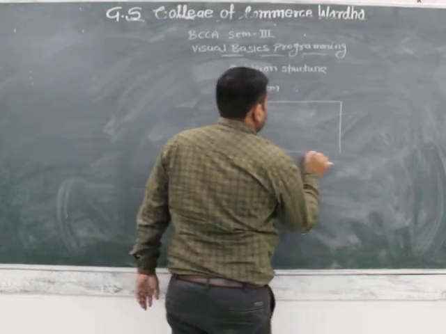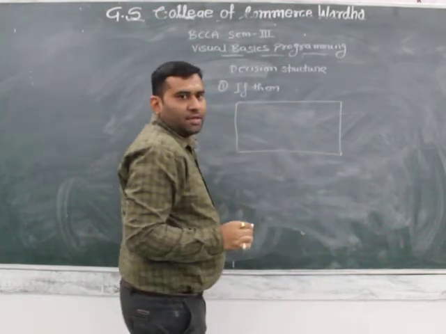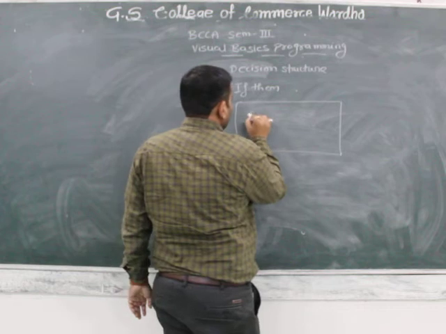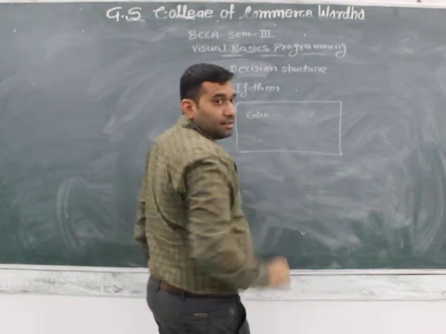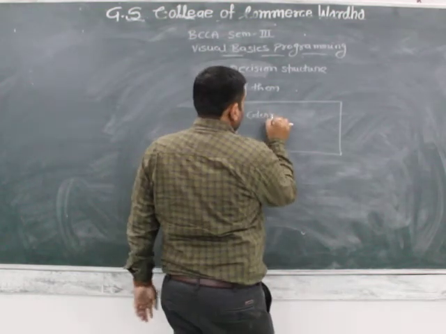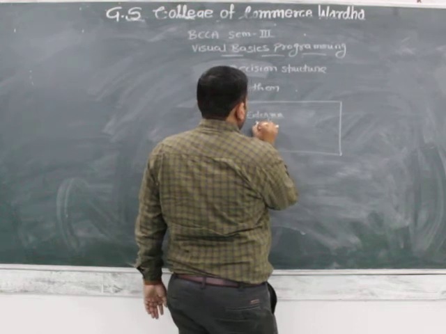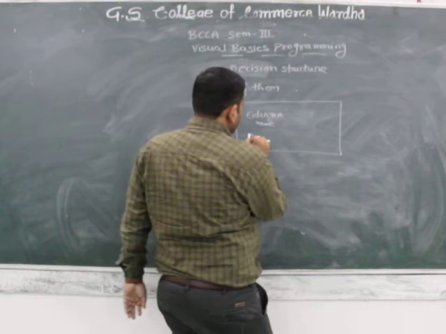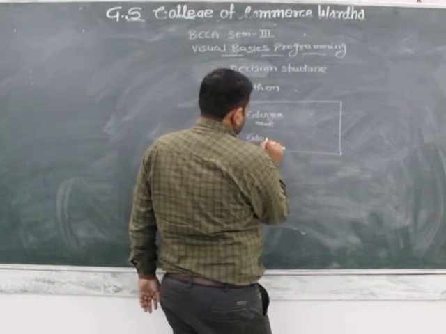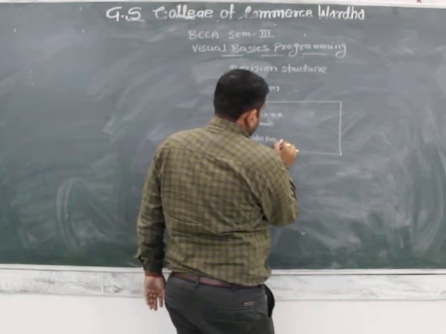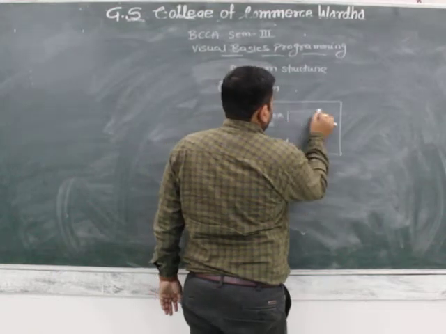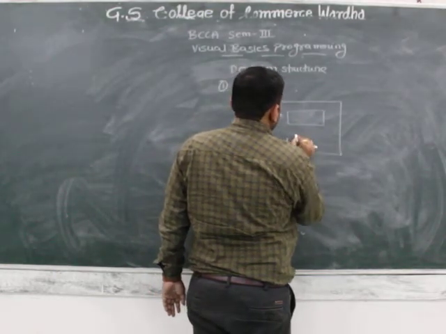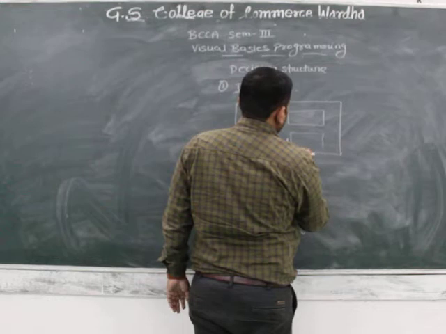Suppose this is one form. Take one label, enter your name, then another label, enter password. Here is a text box, and here is also a text box.